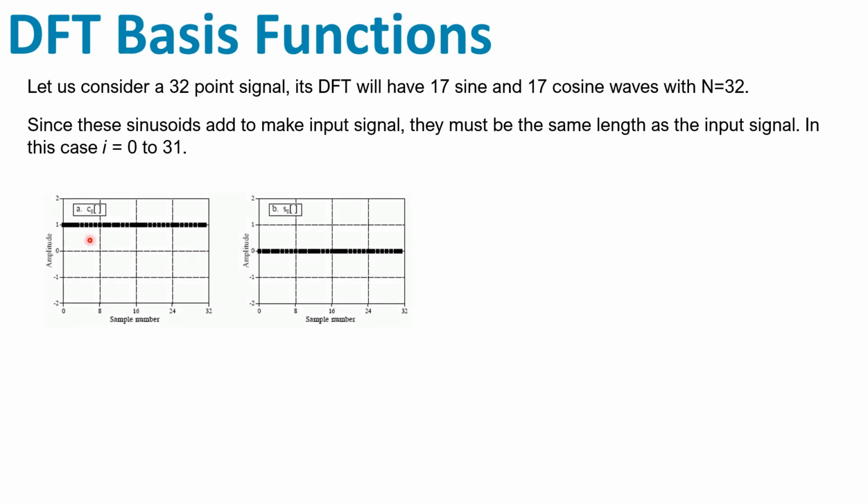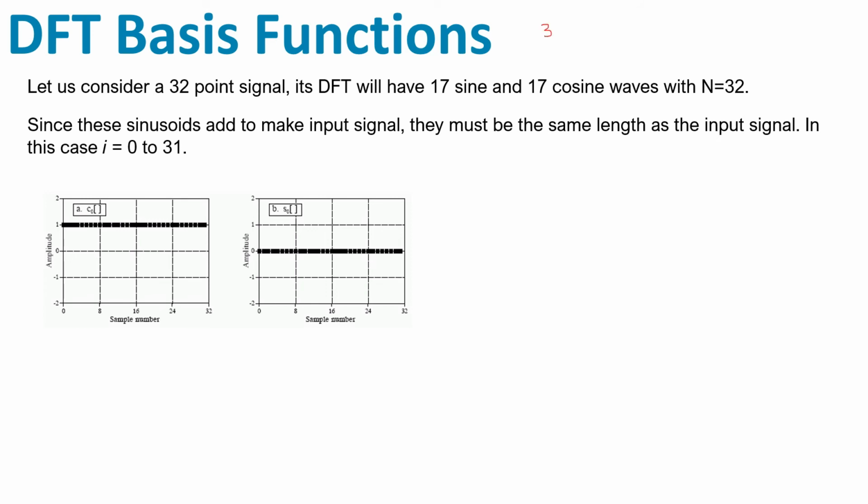Let us consider a 32 point signal. We know that if we have a 32 point signal, its DFT will have n over 2 plus 1 components.